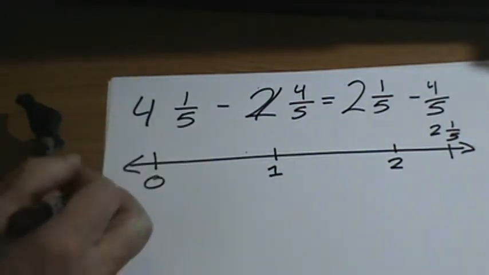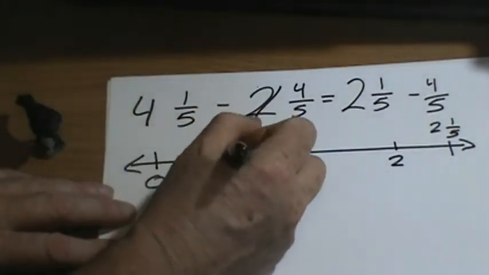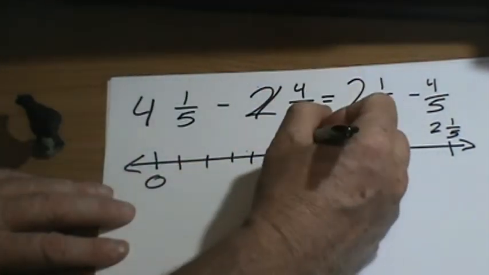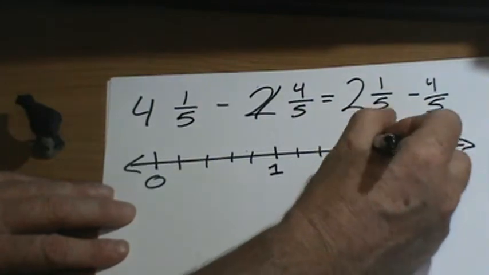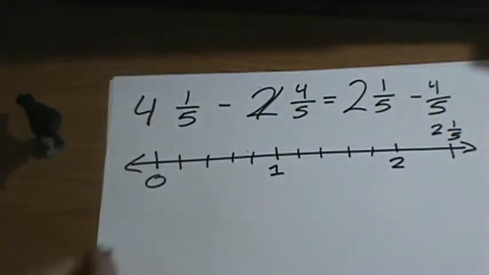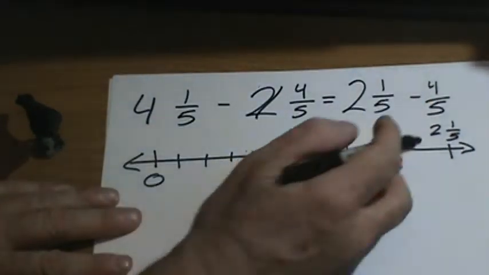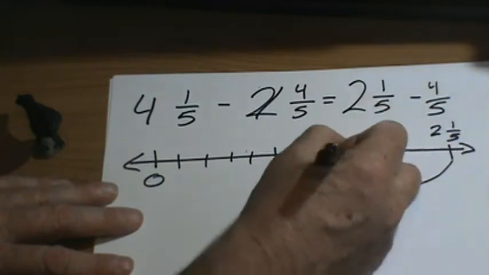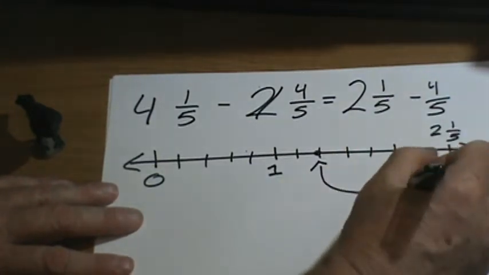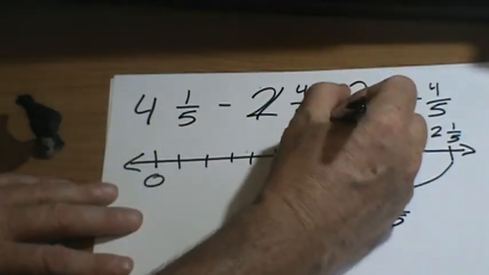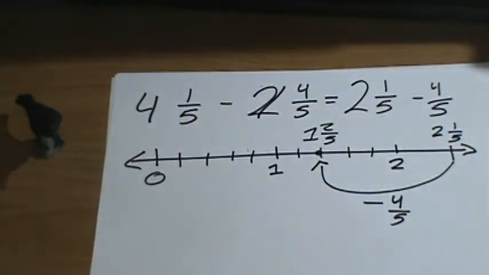Let's break these up into fifths. 1/5, 2/5, 3/5, 4/5, 1 whole. 1 1/5, 1 2/5, 1 3/5, 1 4/5, 2 wholes. 2 1/5. I didn't do a very good job on that. So we have 2 1/5, we're subtracting 4/5. 1, 2, 3, 4. Going underneath this time. Minus 4/5. Where are we at? We're at 1 1/5, 1 2/5. And there we have it.